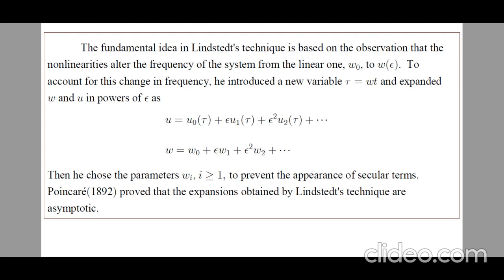So basically, whatever second parameter you are applying the expansion on, which we have applied in our last section on time, then we can choose the values of these omega i in order to prevent the appearance of the secular terms. If we want to avoid secular terms, we will have to find the values of these omega 1, omega 2, and so on.